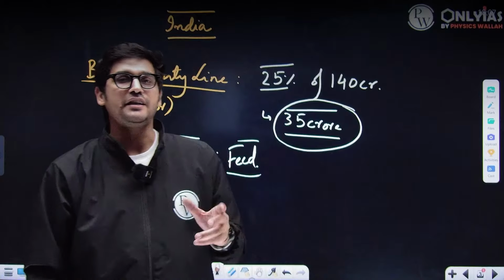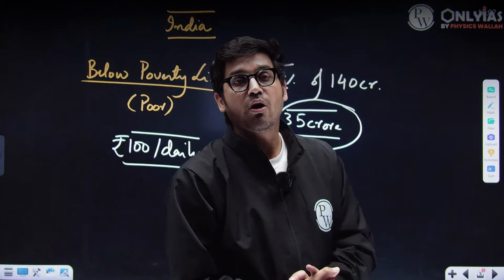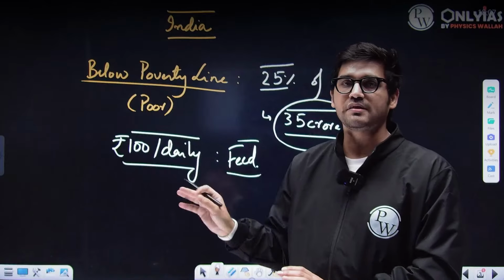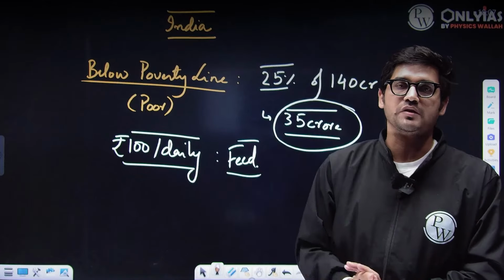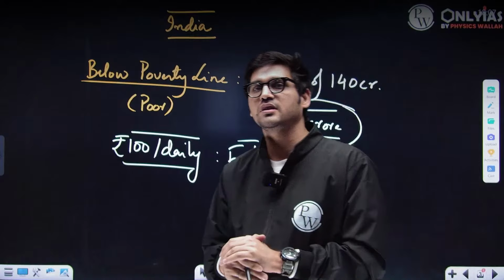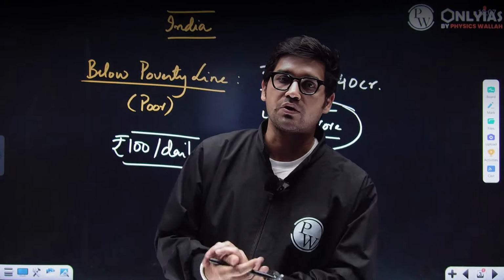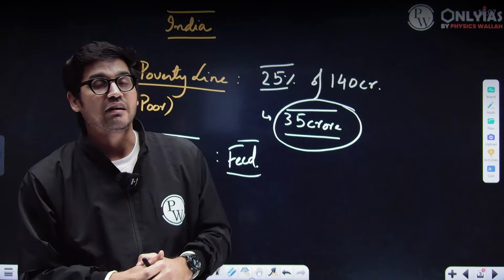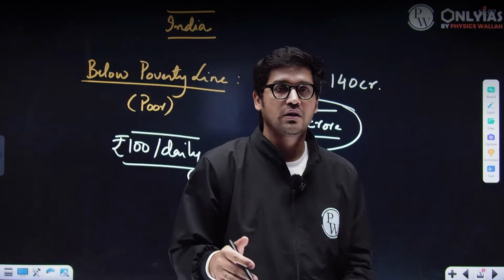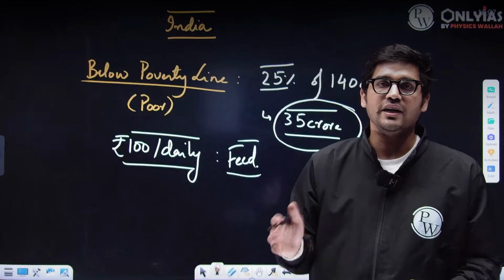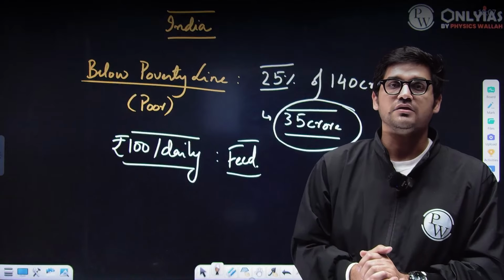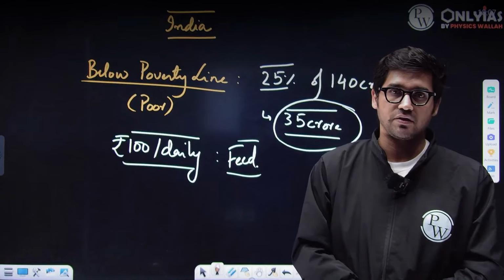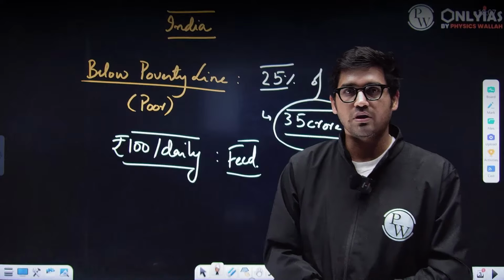Why is it that the Indian government may or may not be giving 100 rupees every day to every poor person, just so this poor person can at least get 2 square meals a day? Is it possible? Can the government give 100 rupees to all the poor people in India every day, just so they can go and feed themselves? I mean, of course it is possible.